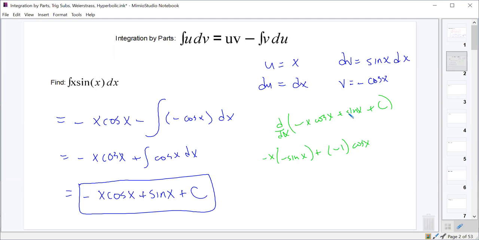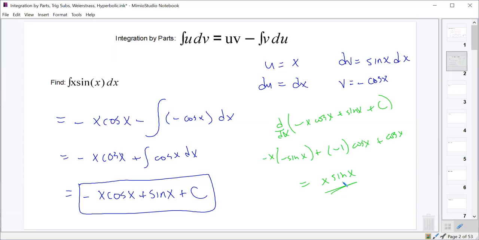And then plus the derivative of sine x, which is cosine x, and then plus 0. And we'd see those negatives would cancel out. It gives us x sine x, and the minus cosine and the plus cosine cancel out. And so we're right back where we started with x sine x as the derivative of negative x cosine x plus sine x.